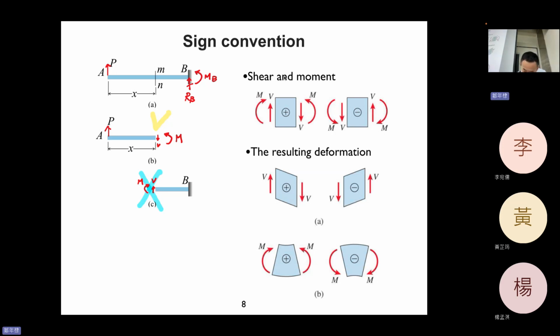So you can imagine that. Okay, so we choose to leave the left hand side.